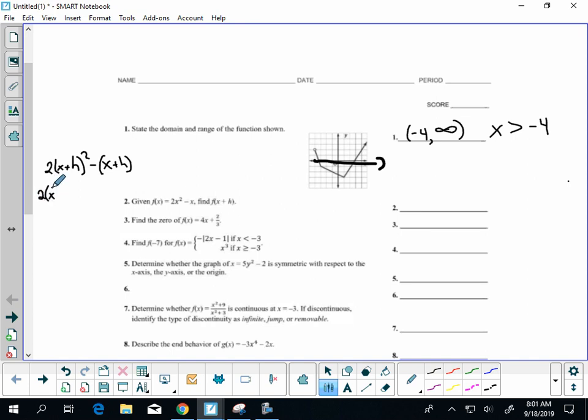And when you do that, you're going to get x squared plus 2xh, oops, forgot my plus h squared, minus x minus h. So I'm running out of room here, but 2x squared plus 4xh plus 2h squared minus x minus h.